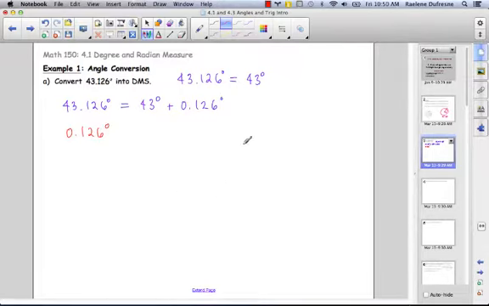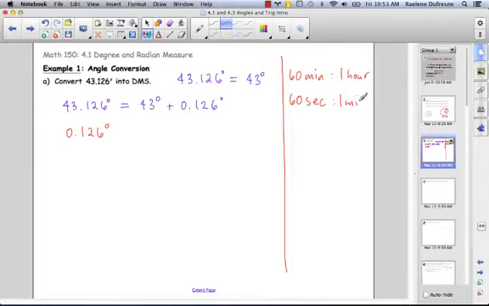And the idea for the conversion here is that there is 60 minutes to 1 hour, 60 seconds to 1 minute, and 1 hour is equivalent to 1 degree. So when we want to convert degrees or hours into minutes, we multiply by a fraction that is equivalent to 1, but the version of 1 that we want has to change units from degrees, so we have degrees in the denominator, and it has to leave us with minutes, remembering that a degree is an hour.